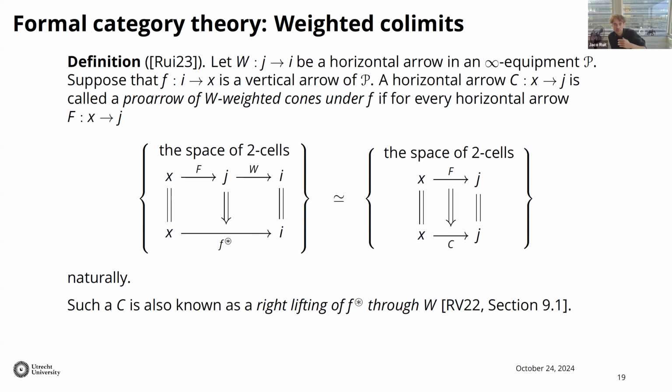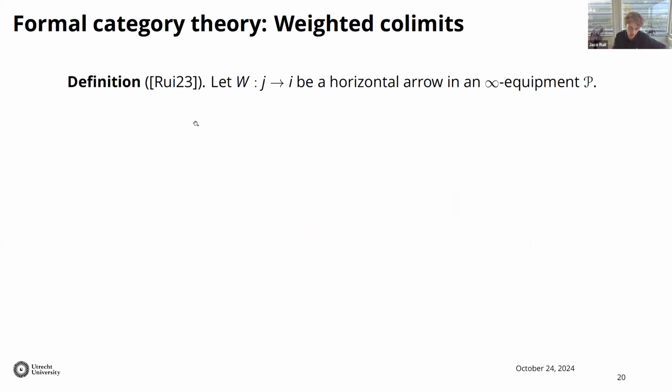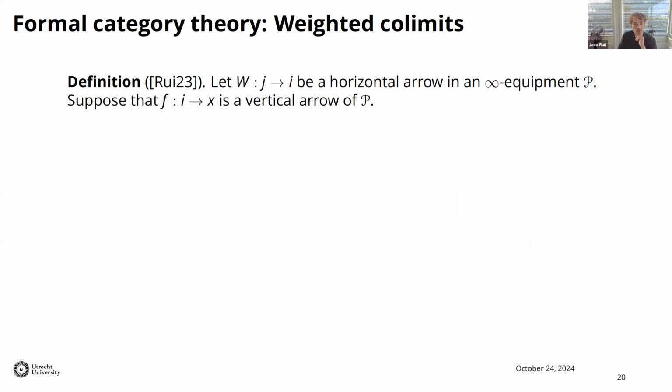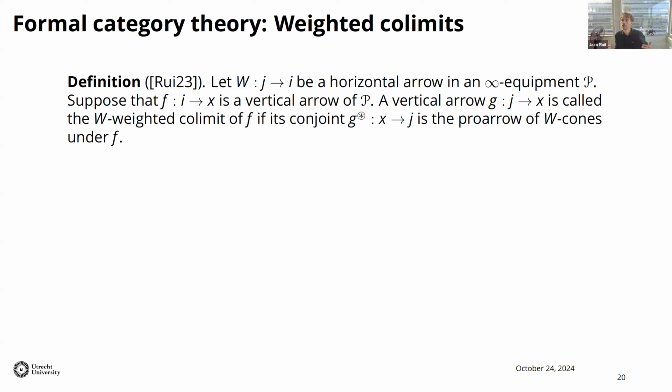Now to define weighted colimits, let's say you're in the same context as before. Again, you have this weight W and you have this arrow F. Then a vertical arrow G from J to X is called the W-weighted colimit of F precisely if the conjoint of G is the pro-arrow of W cones under F. So this is the definition of weighted colimits.